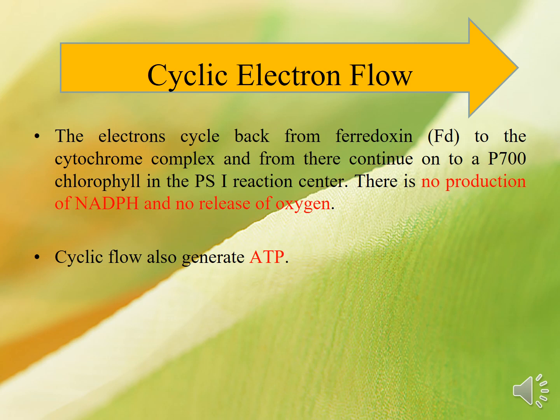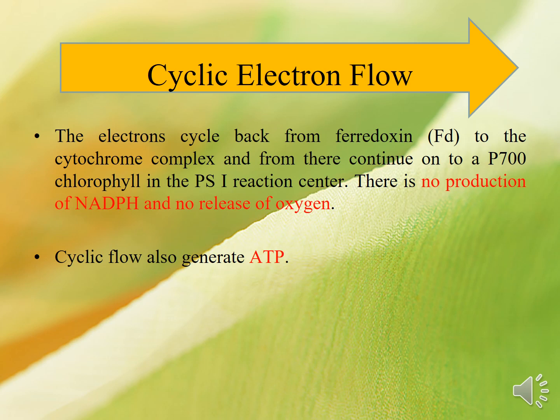It is different from the non-cyclic, because the non-cyclic involves two photosystems, from photosystem 2 to photosystem 1. However, the cyclic electron flow only involves photosystem 1. And there is also only 1 electron transport chain, not 2 as in the non-cyclic electron flow.